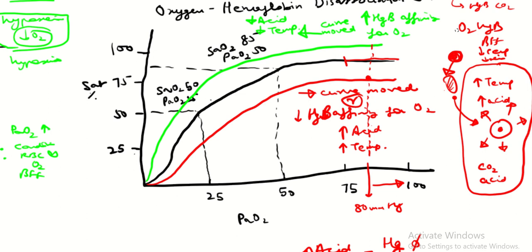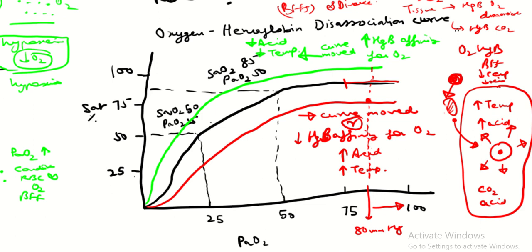When it gets to the capillaries, to the cells, the acid is more and temperature is more, and it gives off the O2. And it's important because that creates space for carbon dioxide to be picked up. So that's the oxyhemoglobin dissociation curve.